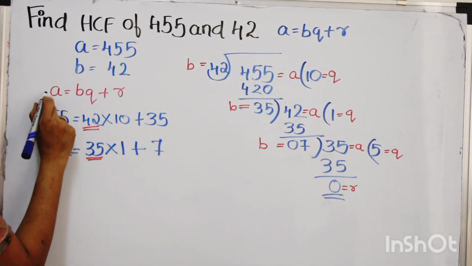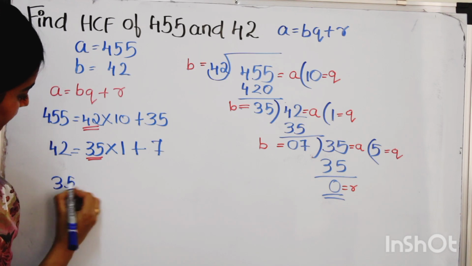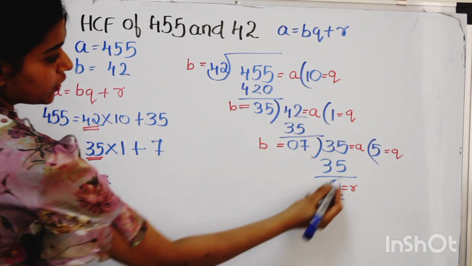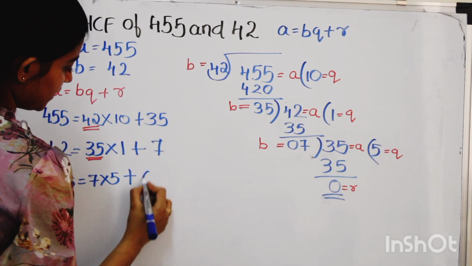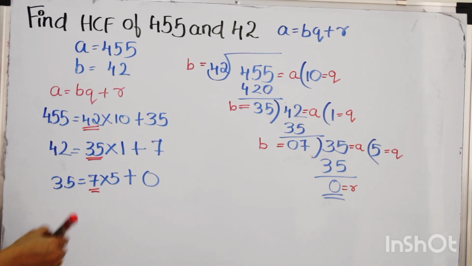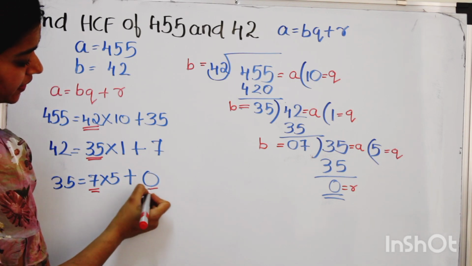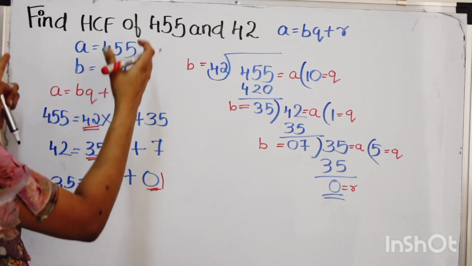Now again write in this form. a is 35 and what is b here? 7. What is q? 5, plus r. r is 0. So the last value of b is 7. You have to do the process until you get the remainder 0.